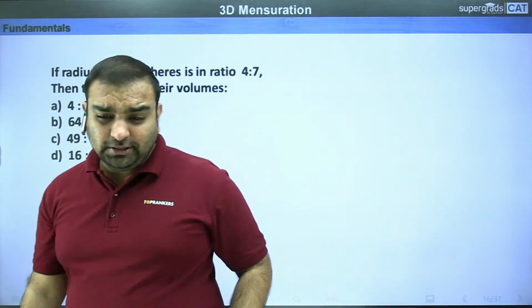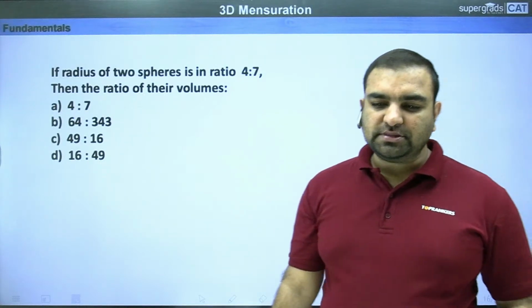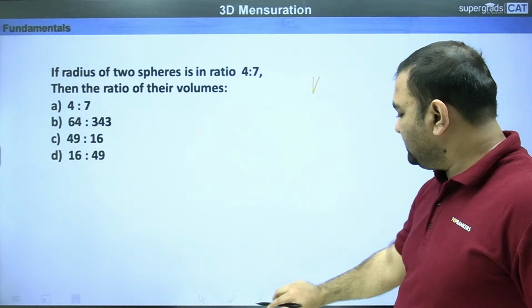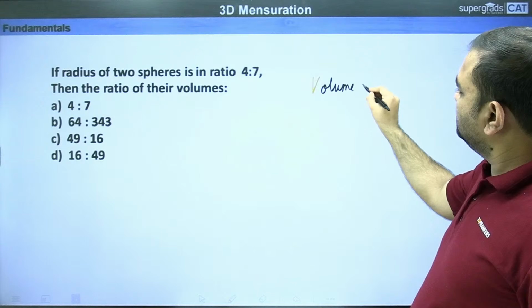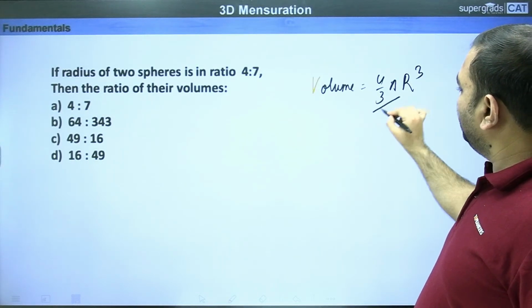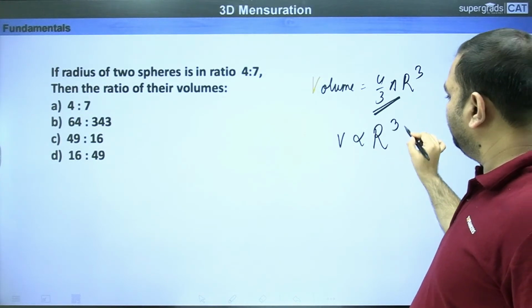ये तो बहुत ही सिली क्वेश्चन है कि दो स्फेयर्स की रेडियस पता है, उनके वॉल्यूम्स का रेशियो क्या होगा. Volume of a sphere is 4 by 3 pi r cube. 4 by 3 pi is a constant. The volume is directly proportional to r cube.